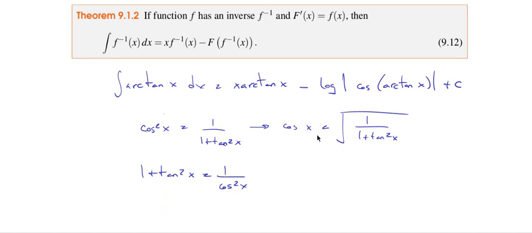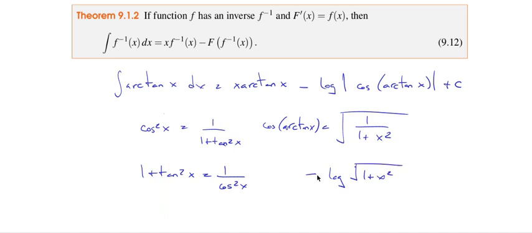So let me see, if instead of having this we have the cosine of the arctangent, here we have the arctangent, so that's x squared. We have done this before, right? So then this is the logarithm of the square root, well, we have the logarithm of 1, which is 0, minus the logarithm of the square root of 1 plus x squared, right?